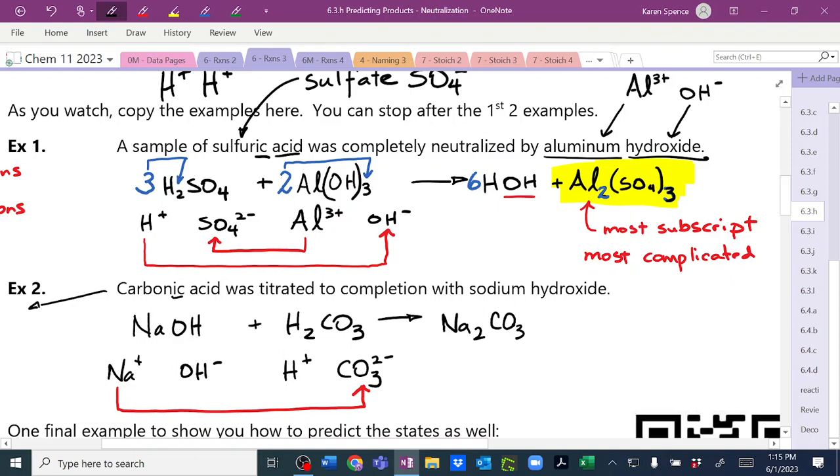And we now have H going with OH. So that gives us H2O, or as I like to do it to make balancing easier, HOH. But like I said, if you prefer writing H2O and don't have a problem balancing, go for it.